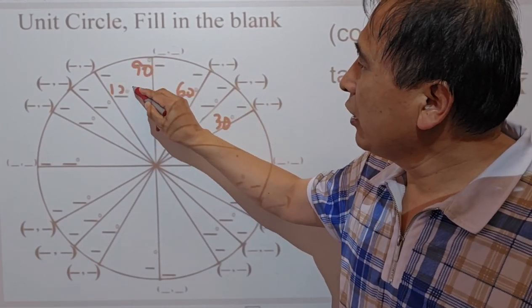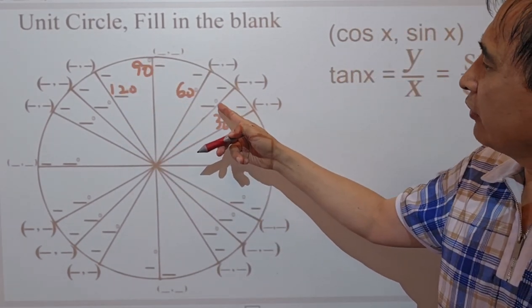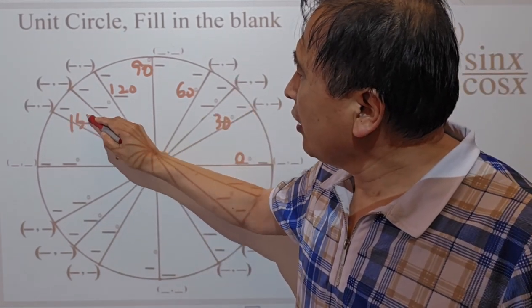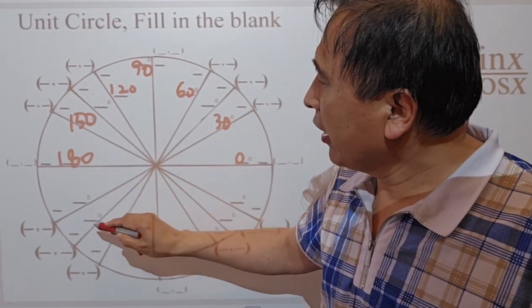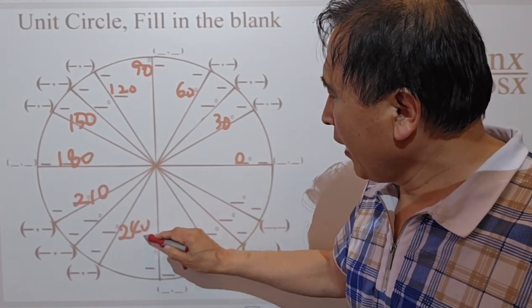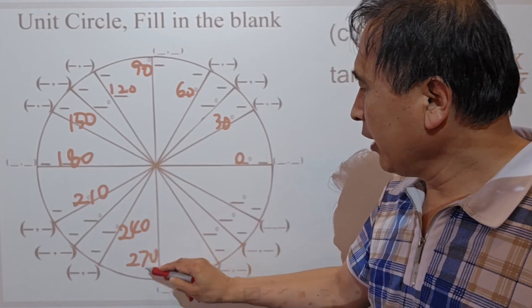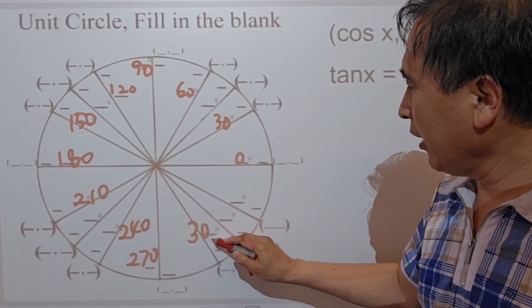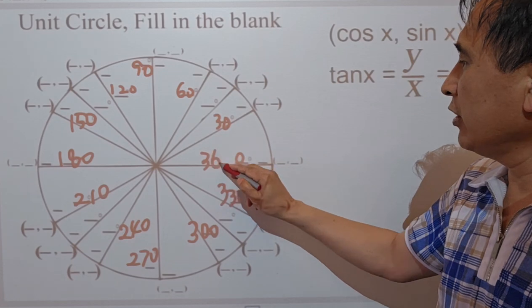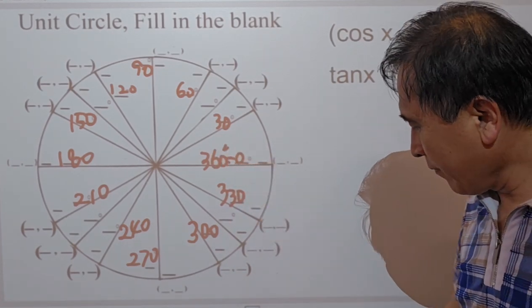And then 120, because there's a special angle there, 45, which we're going to do later. So 150, 180, and 210, and 240, and 270, right? And this is 300, and 330, and 360 degree is the same as 0 degree, right?